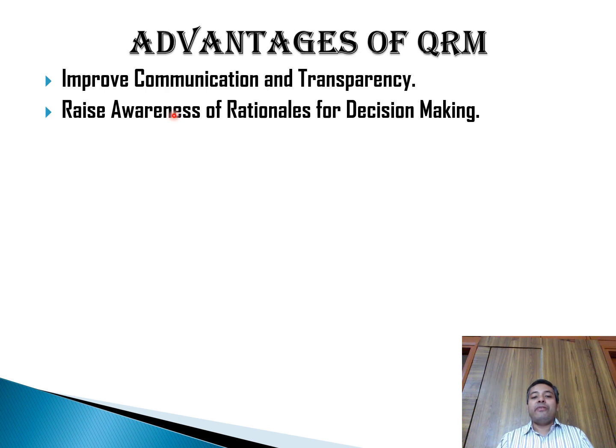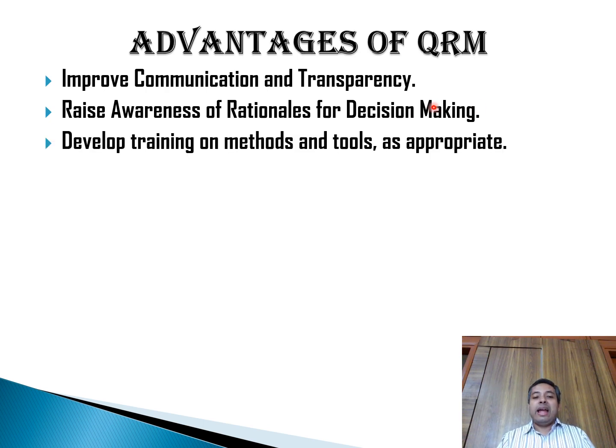The second advantage of QRM is it raises awareness of rationality for any decision making by the leadership group. The third advantage is that it helps in developing training on methods and tools as appropriate based upon retrospective review of quality system data like OOS, OOT, deviation.